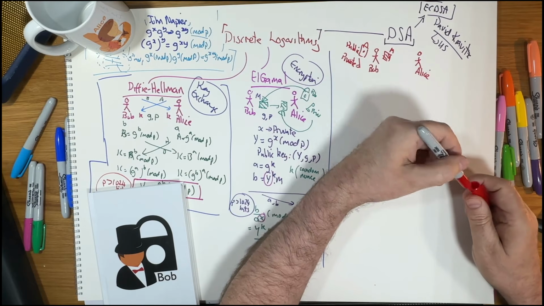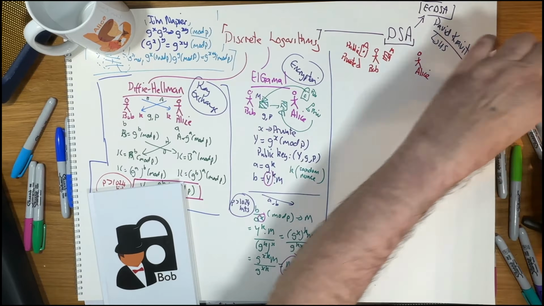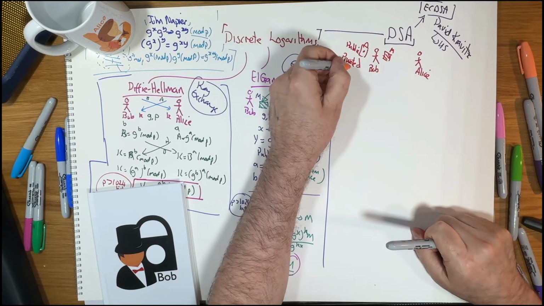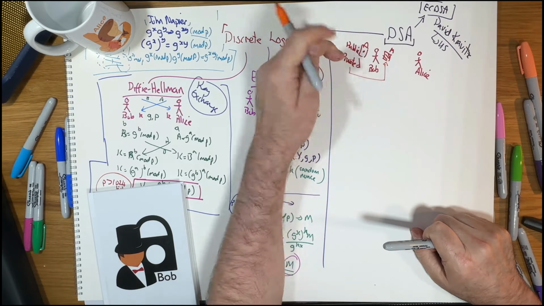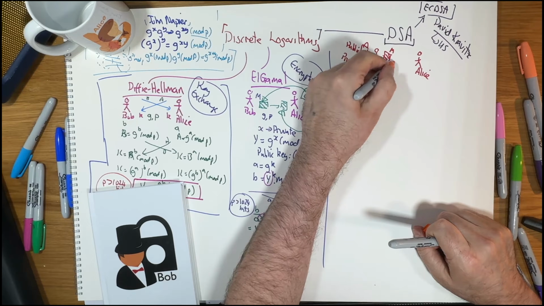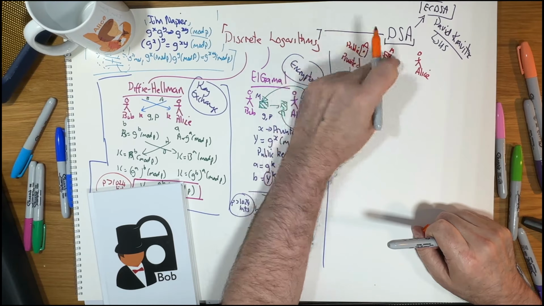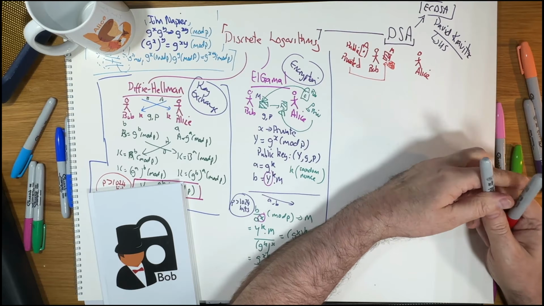What happens in this case is that Bob will sign the message to create a hash, or to create a signature of the message. And he'll sign that with his private key.